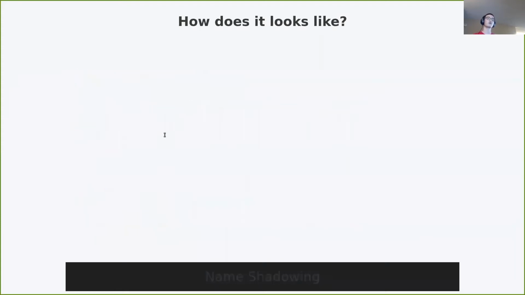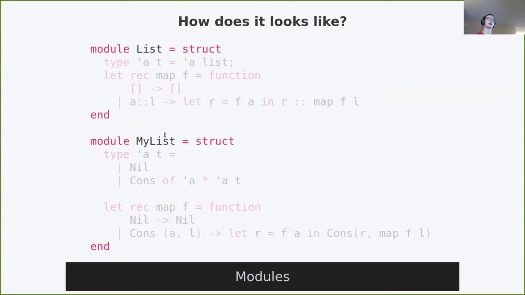To solve this problem, the next feature of OCaml is modules. We can introduce two different modules, where the first module wraps the built-in list, and the second module wraps our custom list plus a map function. Modules in OCaml have a lot more functionality than the C++ counterpart.